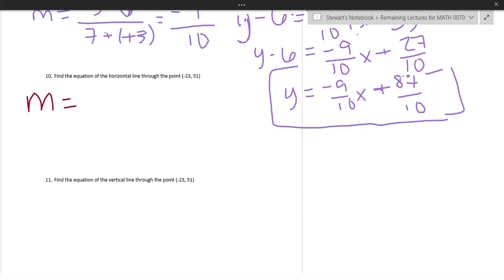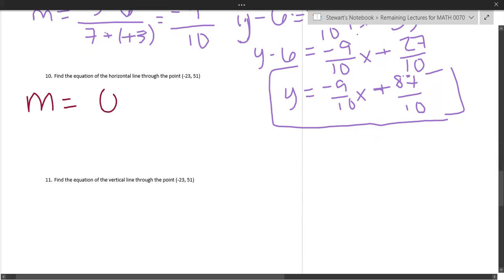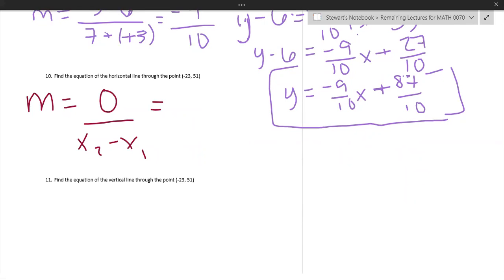So no matter which 2 points you pick to calculate it, the y value is going to be the same. Or in other words, y2 is going to equal y1. So your numerator is going to be 0, and whatever the x's are doesn't matter, because 0 divided by anything is still 0. So the slope for any horizontal line is going to be 0.